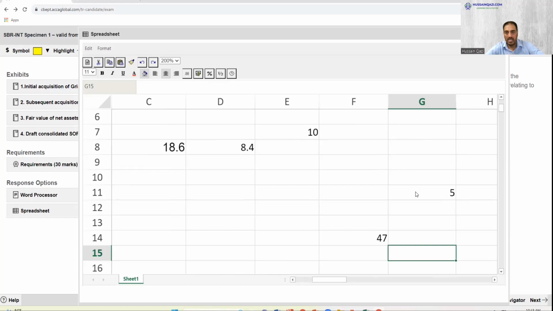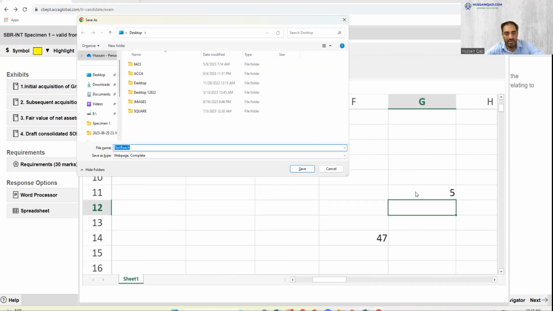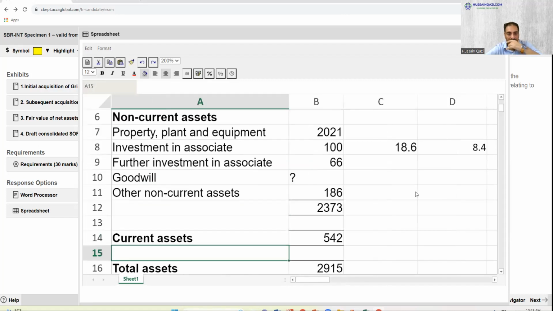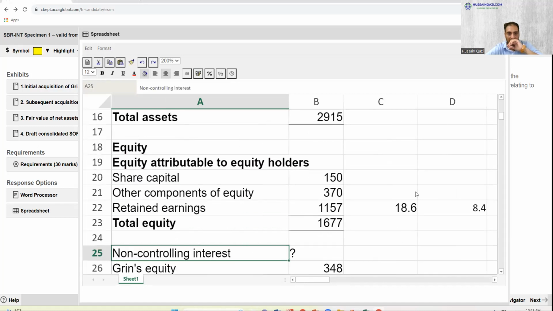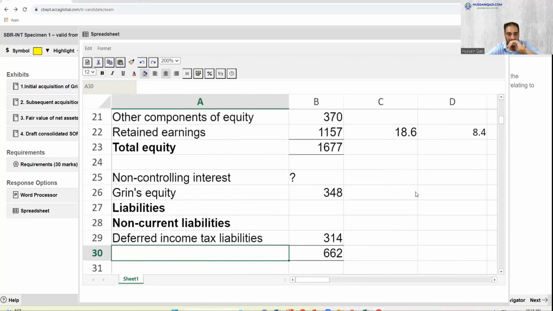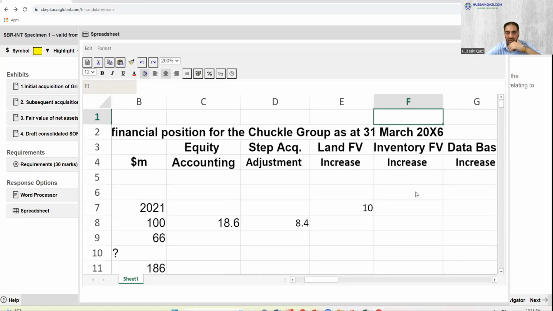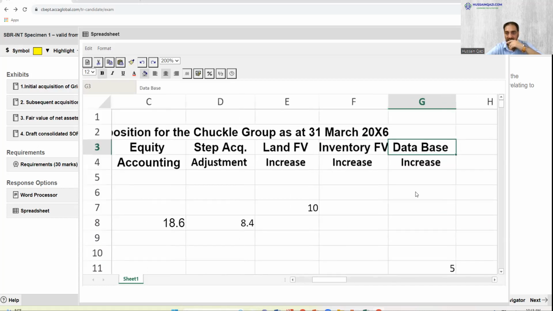Yes. These are the values of fair value adjustment: 10, 47, and 5. Now come on. About the deferred tax liability. Deferred tax liability related to land, inventory, database.